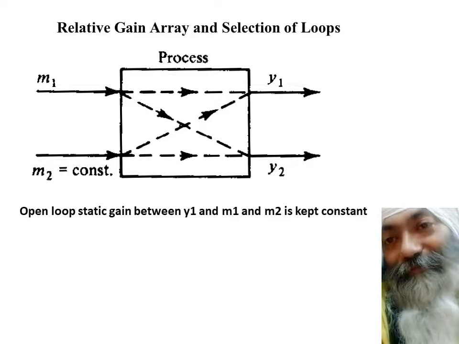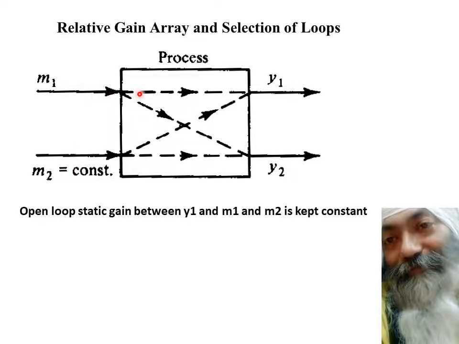Friends, we take in this case first an open loop static gain between y1 and m1. So we just have a look at the figure once again. This is m1. The effect of this m1 on y1, when we do not make any change in the second manipulated variable M2, what do we see?